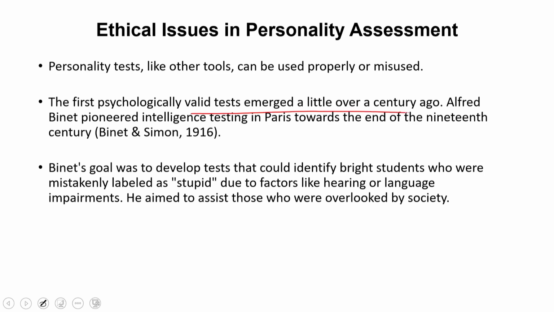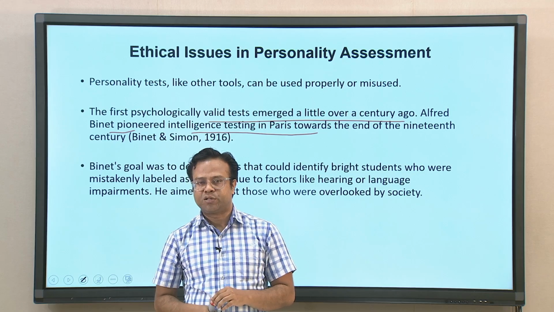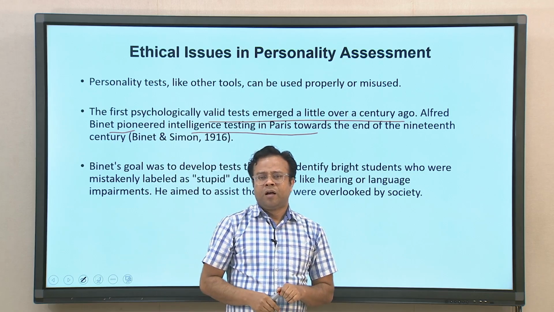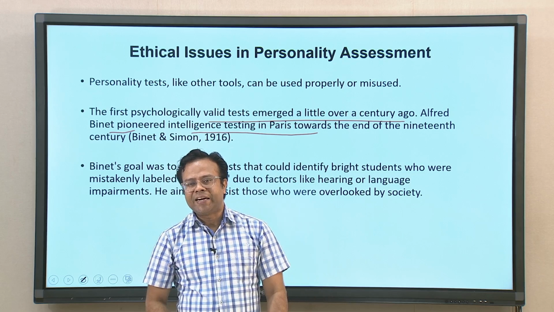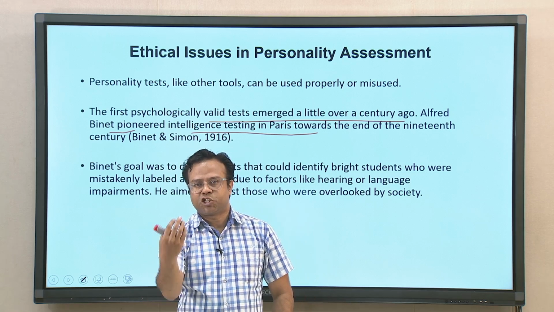Psychologically valid tests emerged basically over a century ago. One of the first tests was by Alfred Binet, who developed the first intelligence test in Paris towards the end of the 19th century. Binet's intelligence test was one of the first developed to measure IQ scores and intelligence. It was mainly aimed at identifying bright students who were mistakenly labeled as stupid.